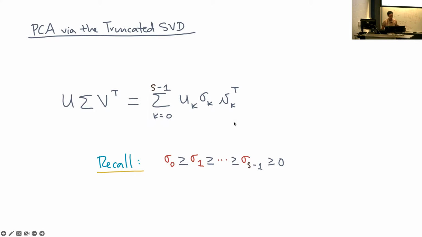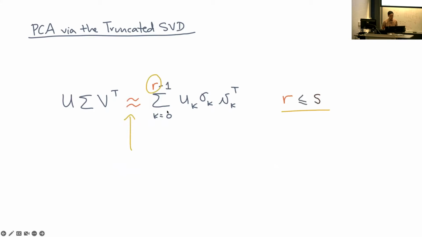So I have this decomposition, and there's this magical property: I can view the decomposition as a sum of rank 1 matrices.